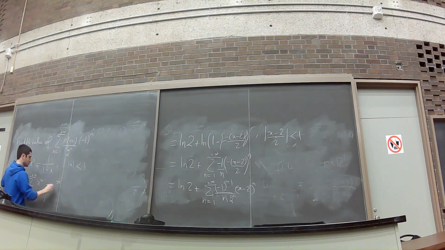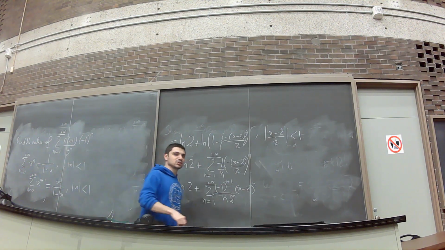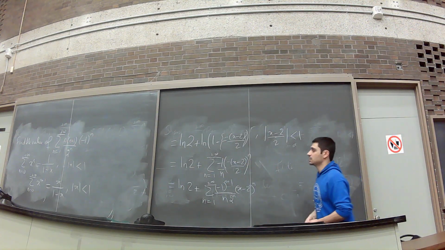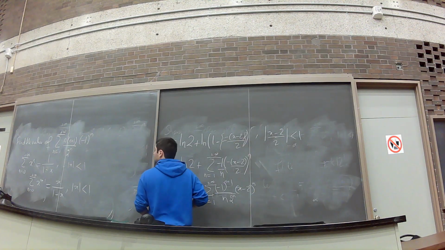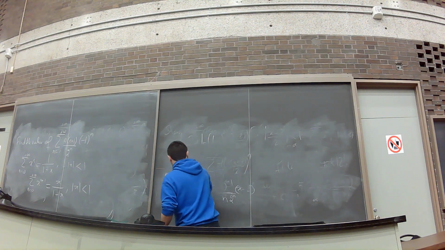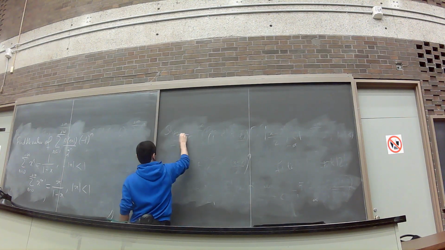I have to be very consistent with my x notation. How do you bring the n plus 1 down? I differentiate. If you differentiate, what do you get? Very good. n plus 1 times x to the n.